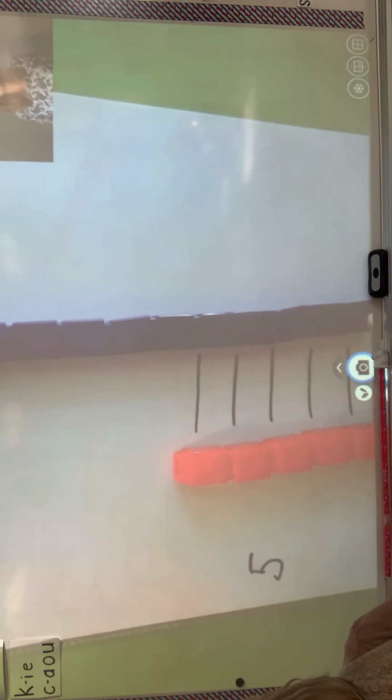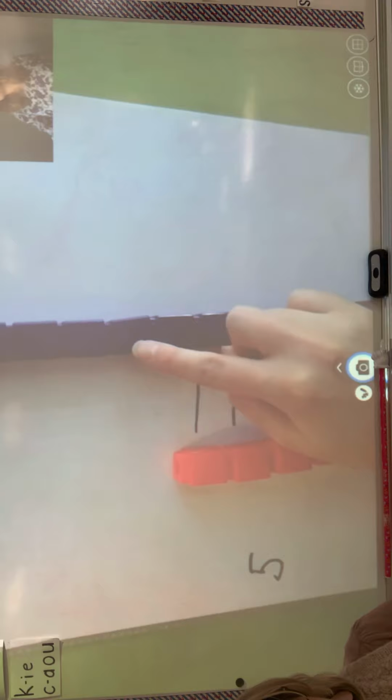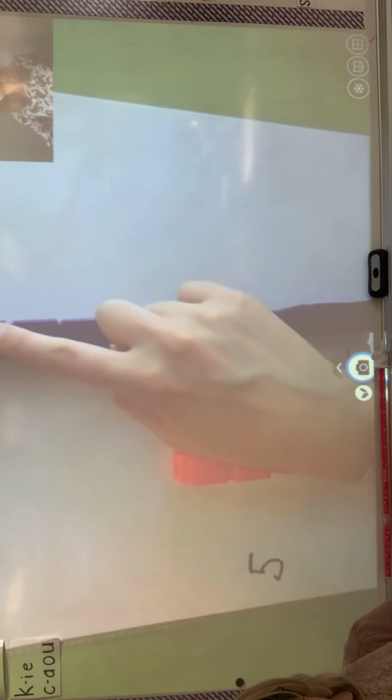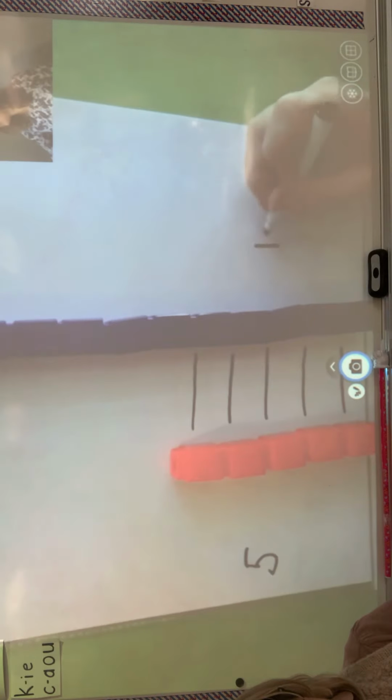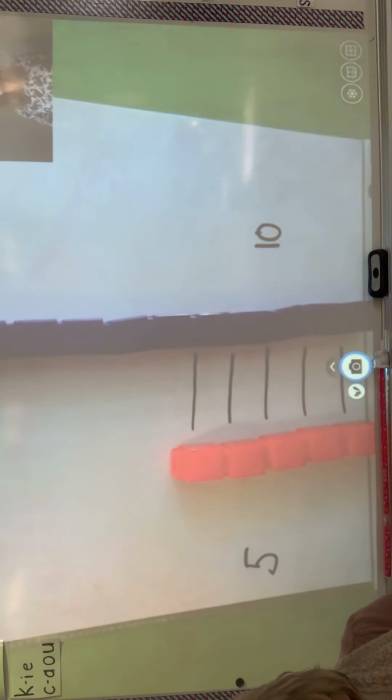Ready? Go. 1, 2, 3, 4, 5, 6, 7, 8, 9, 10. There are 10 blue cubes. So because the numbers are not the same, we know the cubes are not the same.